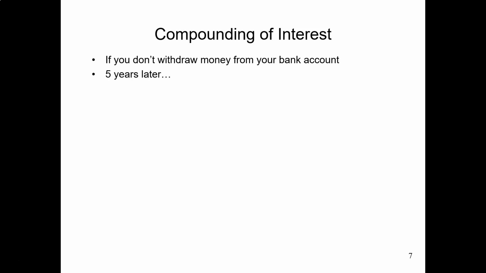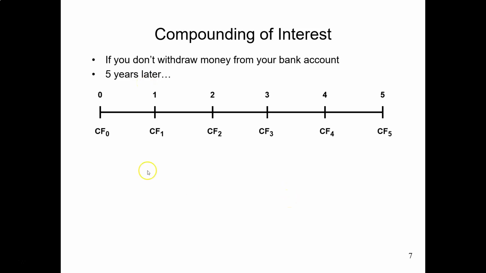Okay, now I want to ask a more challenging question. If you don't withdraw money from your bank account during 5 years, how much money will you have in your account 5 years after? We just repeat the calculation of compounding. In year 0, you put $100 in your bank account. 1 year after, you get $105.